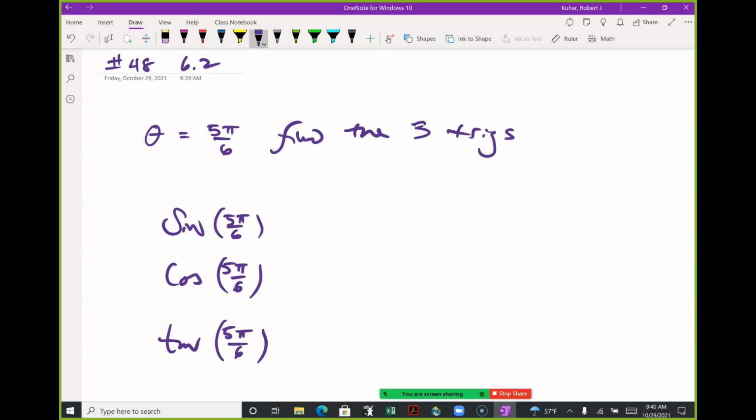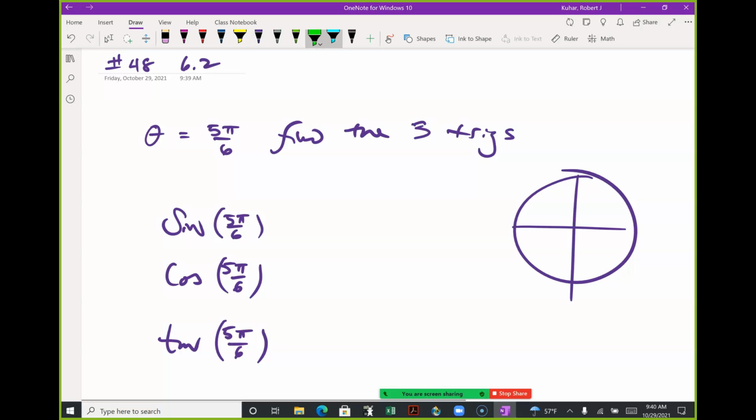So what kind of circle am I going to draw? How many slices in my pizza? 12. I'm always doubling the denominator, right? So I'm always doubling that denominator. And it's these 2 slices that are the most important to me because they will give me 4 triangles with the x-axis, right?